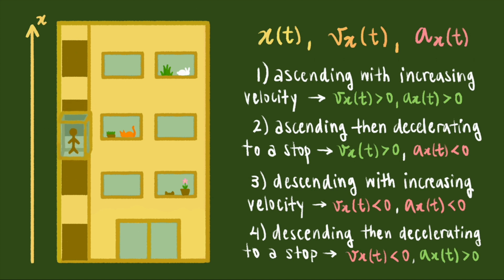Next, let us consider the situation where the elevator is going down, decelerating to a final stop. It is still moving in the negative direction of x, so the x component of the velocity is negative. Again, we see the change in the velocity to understand the acceleration. The elevator started out with a large velocity in the negative direction of x and decreased gradually.